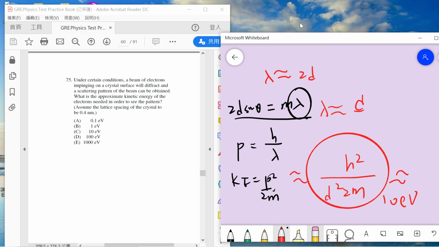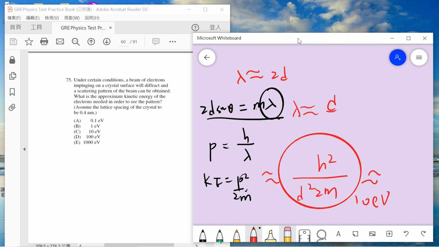This is the computational detail, but you can verify by yourself. In a test, you should only compute the powers of ten, without knowing the actual constants. So the answer is C.